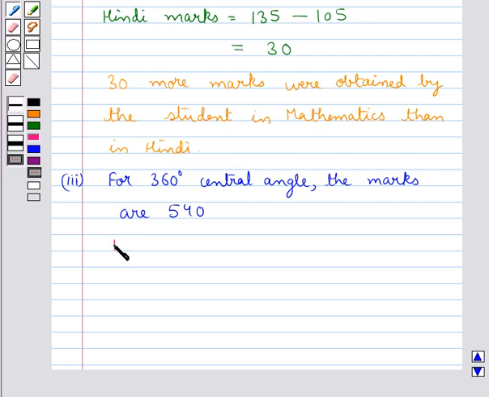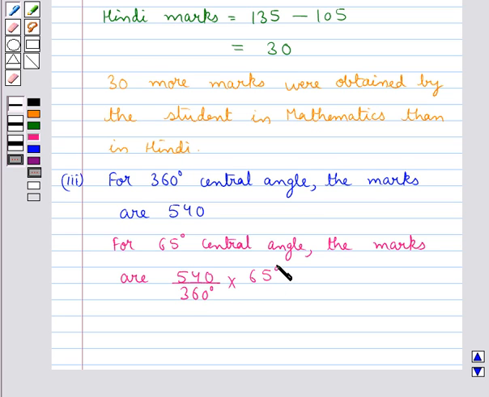So we have for 65 degrees central angle, the marks are 540 upon 360 degrees multiplied by 65 degrees. This 0 and this 0 gets cancelled.